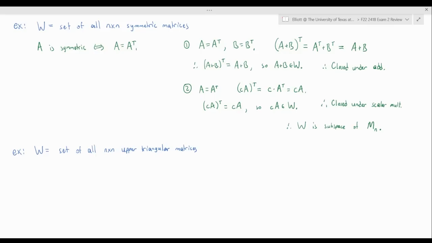So that one maybe looks a little bit more abstract because it's not as explicit as the ones before, where you were working with matrices of a specific size. Okay. And I don't think I'll spend much time on this one, but the set of all n by n upper triangular matrices is also going to be a subspace.